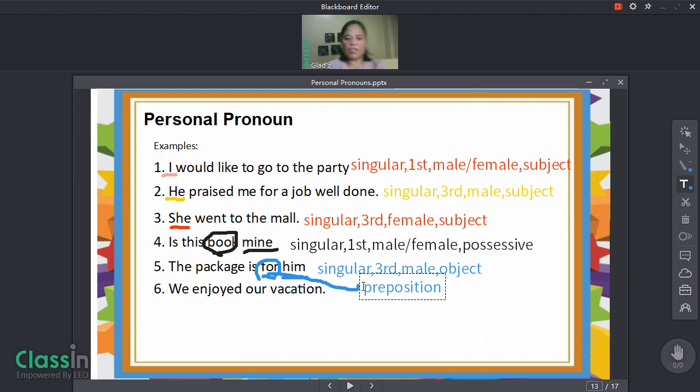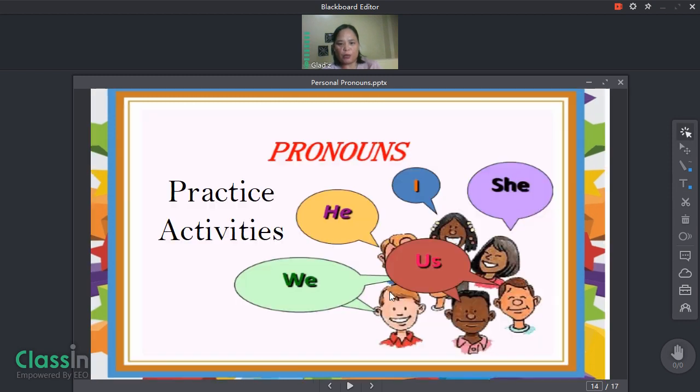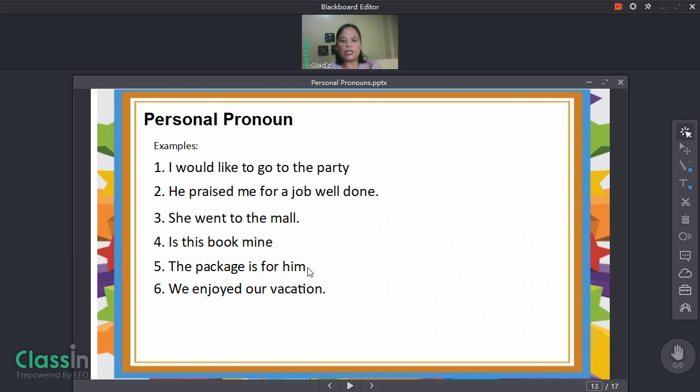That's why we call it an object of preposition. Like I said, him is an object of preposition. So, let's now proceed to number 6.